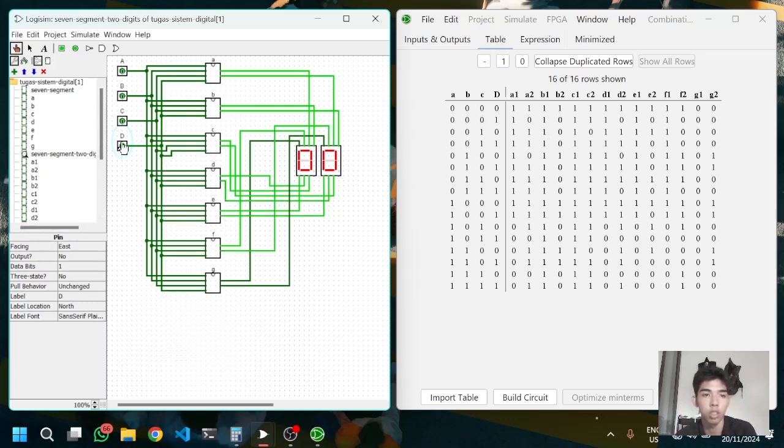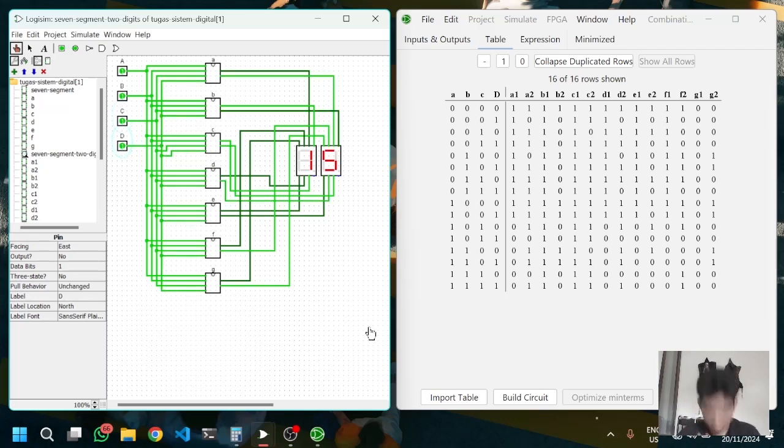So let's now move on to counting. 5, 6, 7, 8, 9, 10, 11, 12, 13, 14, and 15.